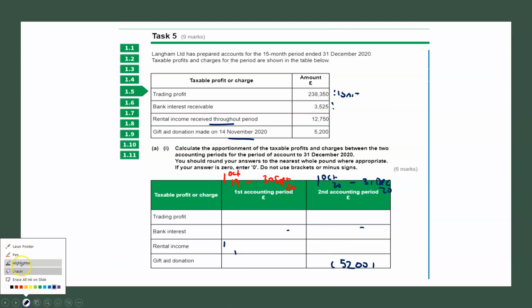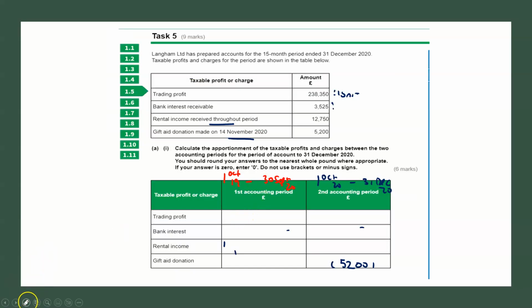So when I do that now, I should be sitting with 190,680 here, and 47,670, 2,820. Of course, you've done the same. 705, 10,200, and 2,550.